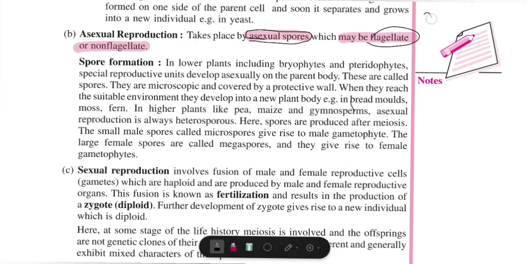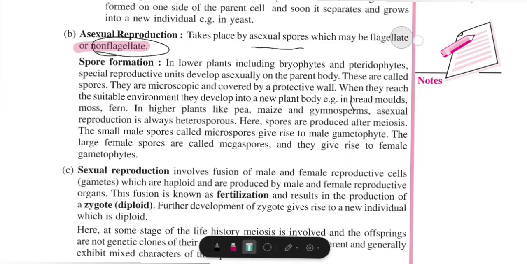Flagella are outgrowths in certain plants and organisms which help the organism to move, right? So asexual reproduction can occur with asexual spores which are flagellate or non-flagellate, meaning they can move or they cannot move. They have flagella which help them to move, or they don't have flagella.